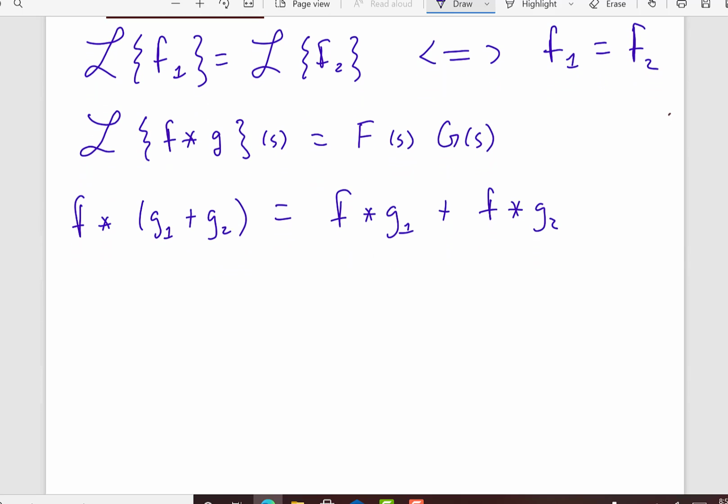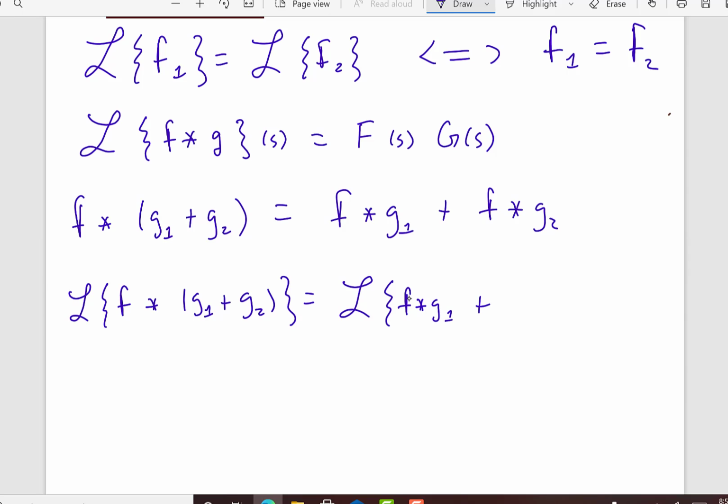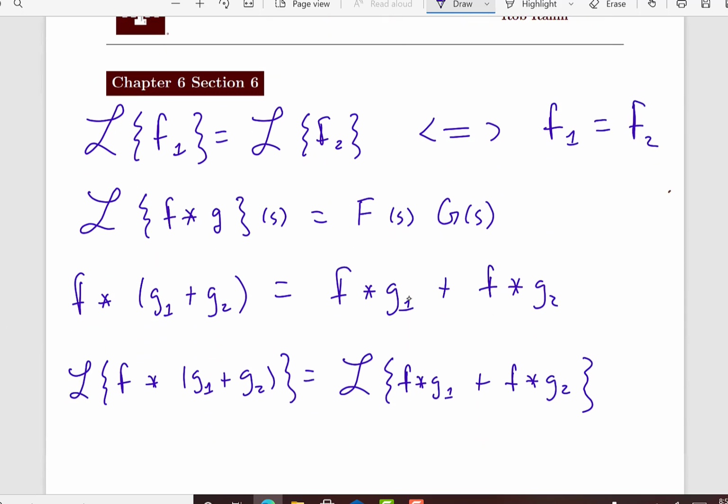And similar to the second proof we did in the last video, to prove this, we're going to prove that the Laplace transform of f convolved with g1 plus g2 is equal to the Laplace transform of f convolved with g1 plus f convolved with g2. Okay, and again, why does that help us?